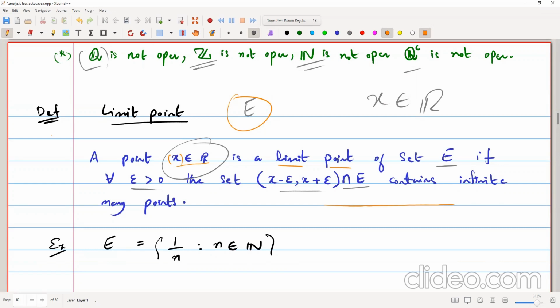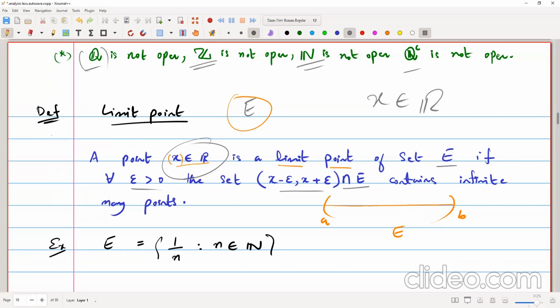Okay, this means that if we have a set E, for instance, this is my set E. This is point A, and this is point B. Then according to this definition, any point in this set is a limit point which possesses the following quality. What quality?